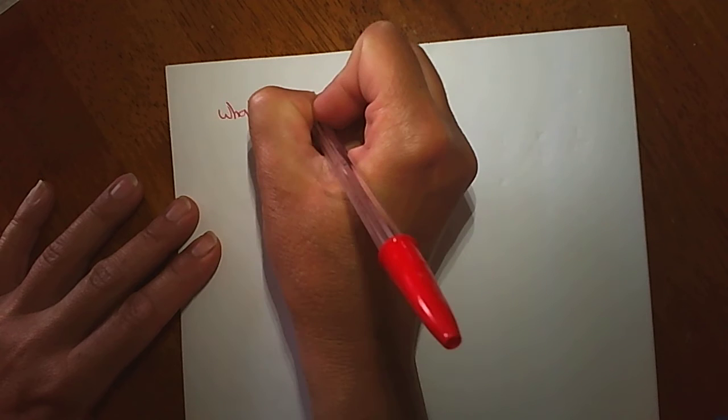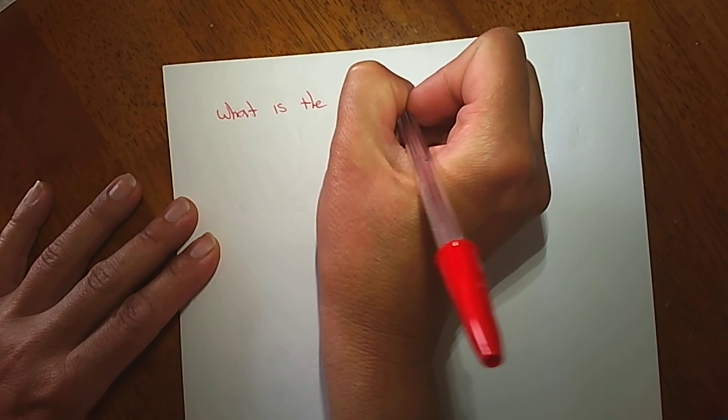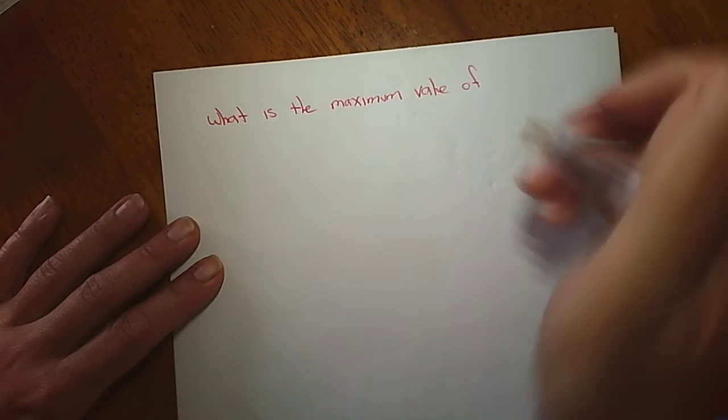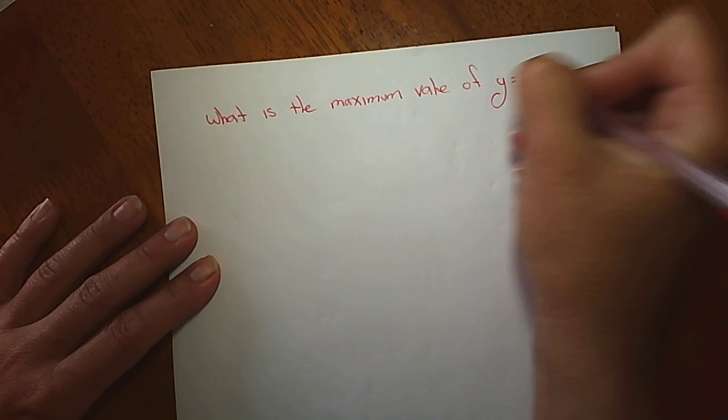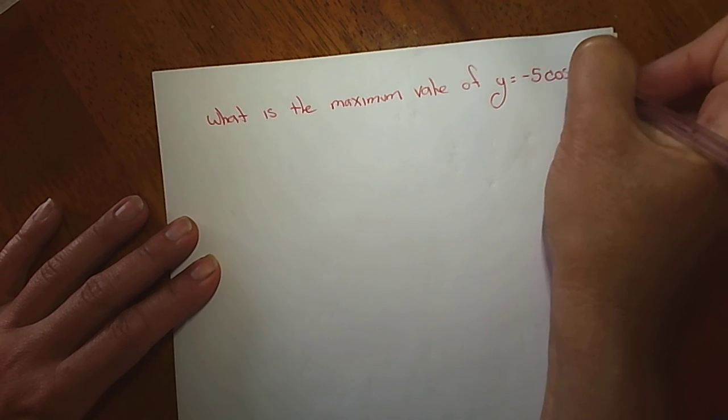Right, similar idea. Okay. Well, we get a fresh piece of paper. What if I say, what is the maximum value of y equals -5 cos 3x?